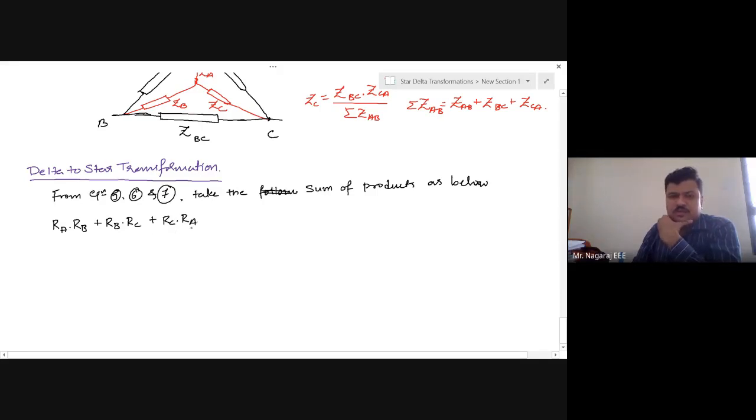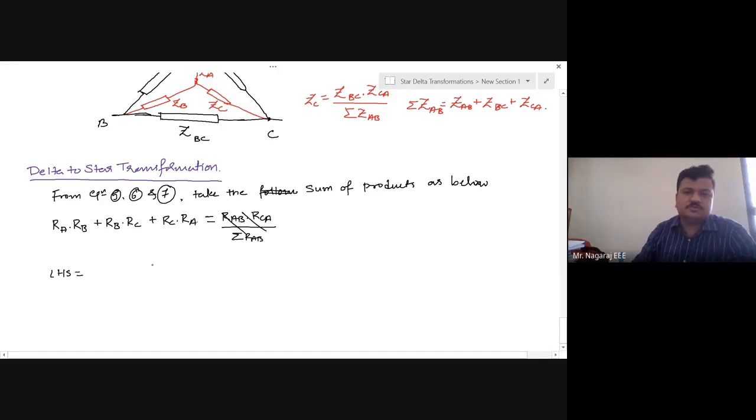So what will be the RHS? In the RHS, I should substitute all the values of RA, RB and RC in each term.